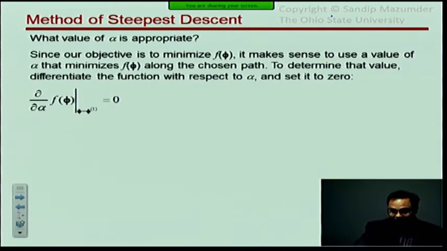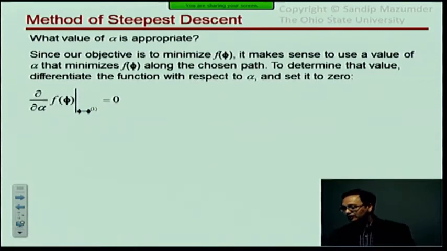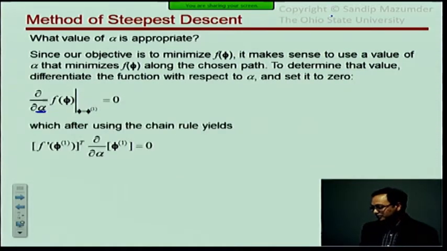In other words, if I'm trying to go down to the minimum point, it doesn't make sense for me to go up again. So I'm going to keep going down until that function starts increasing, and you can calculate that by differentiating now with respect to alpha. Okay, so that's what this is doing here, and you can go through the derivation. I'll just go through it briefly.